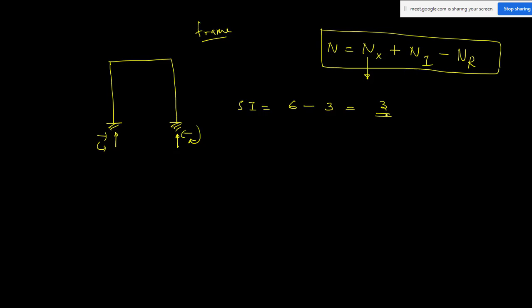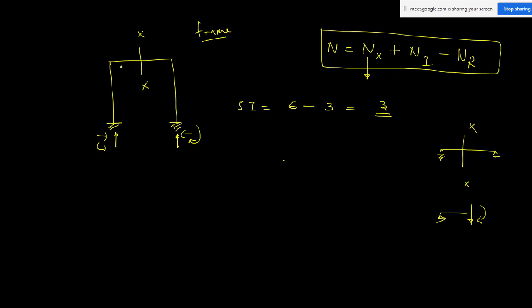But you know this frame structure, if you take a cut along this member, how many internal forces will there be in a frame member? If you take any beam and take a cut in the section, there will be two unknowns: a shear force and a bending moment.